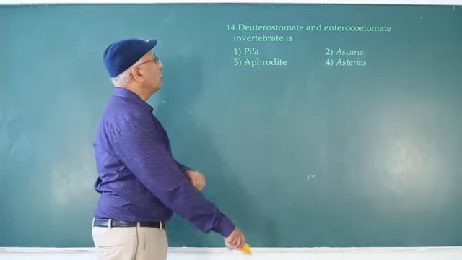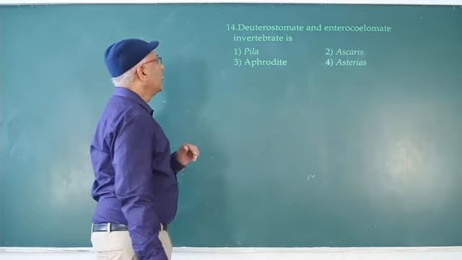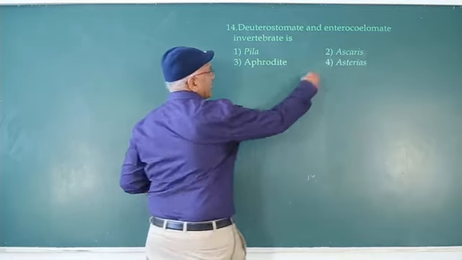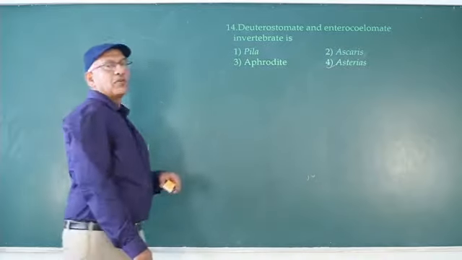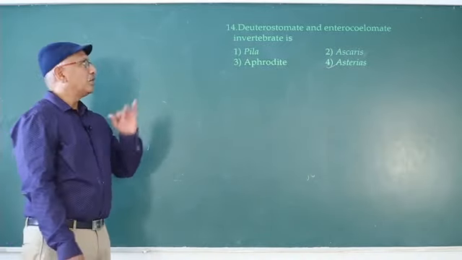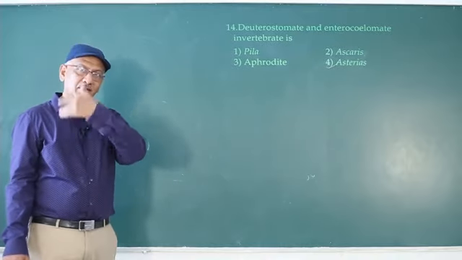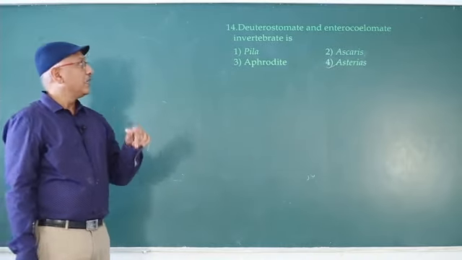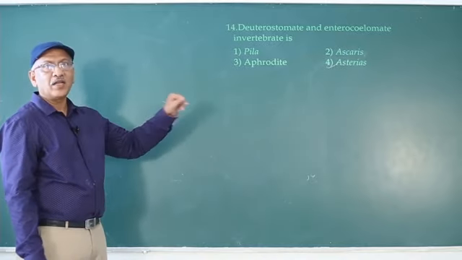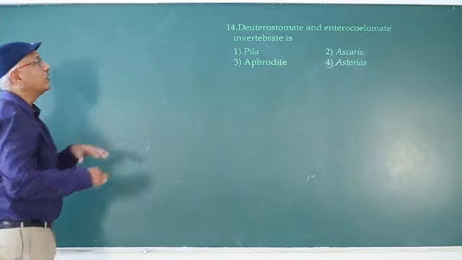Deuterostome and enterocoelomate invertebrate phylum: Aphrodite, Ascaris, Asterias. Among invertebrates, Hemichordata and Echinodermata are deuterostomes. Chordata is also deuterostome. In invertebrates, only two phyla in your syllabus are deuterostomes: Echinodermata and Hemichordata. What is deuterostome?